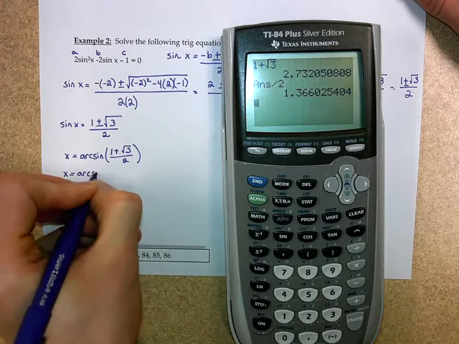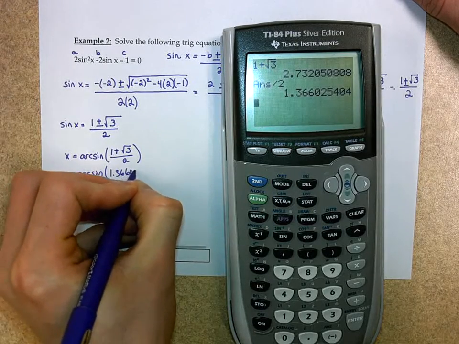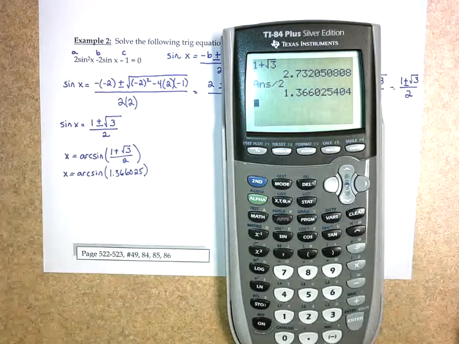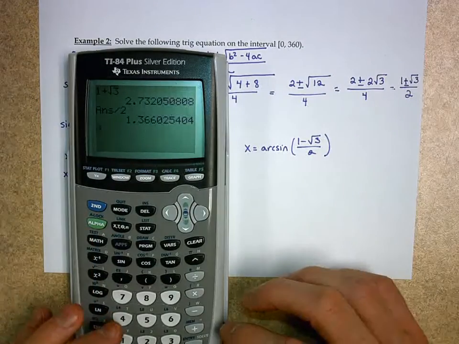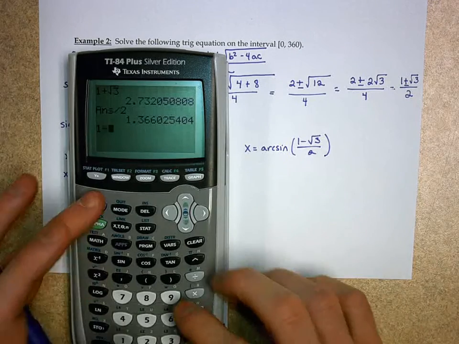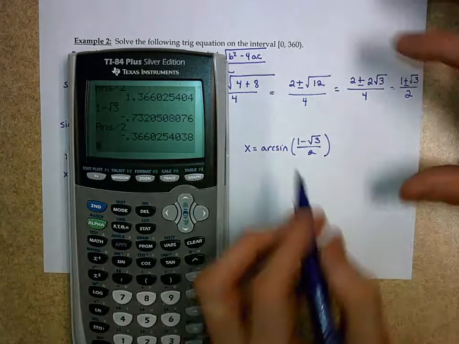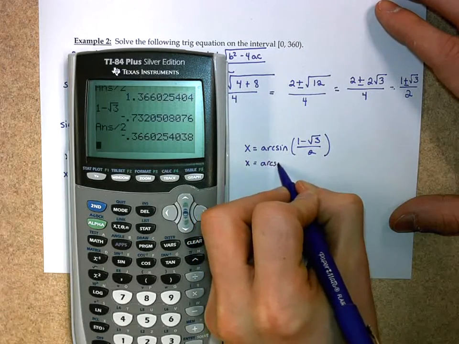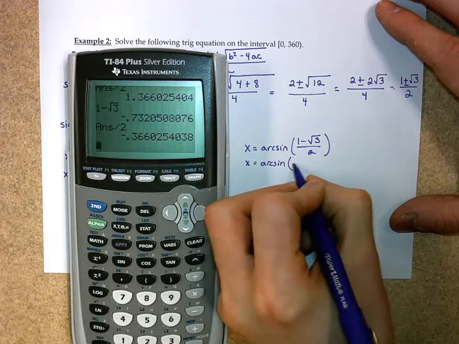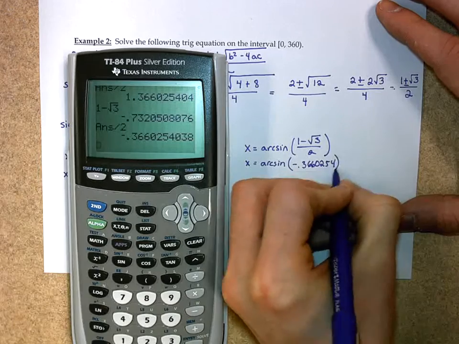And we can see that we're actually looking at the arc sine of 1.366025. And then over here we could say the exact same thing, but do 1 minus the square root of 3 and divide that by 2. So really we're looking at x is equal to the arc sine of negative 0.3660254.